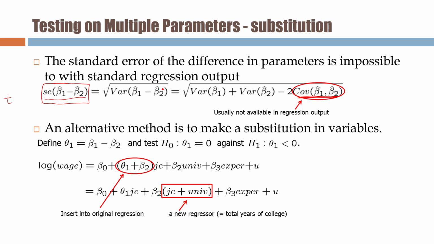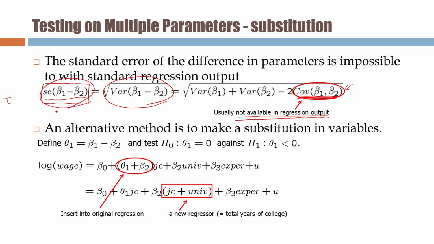We cannot do this test using a lot of different samples, so this is usually not available in regression output. Actually, we would have to have a lot of different sets of data to find out this covariance. So this is not available.